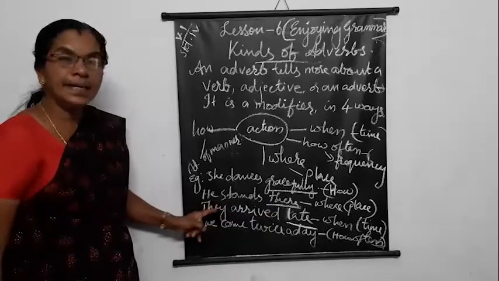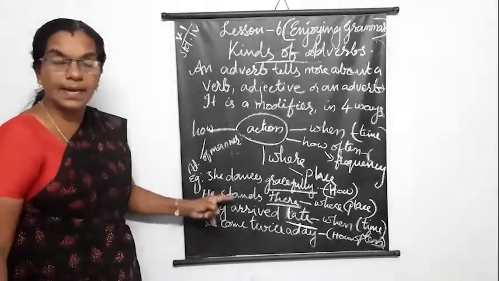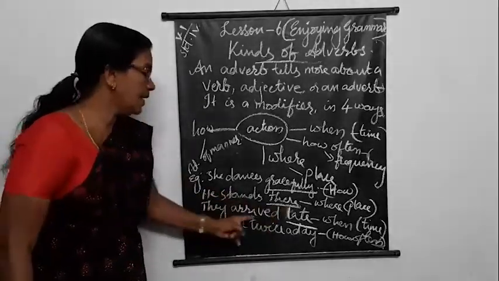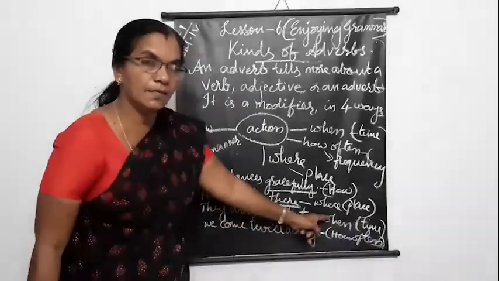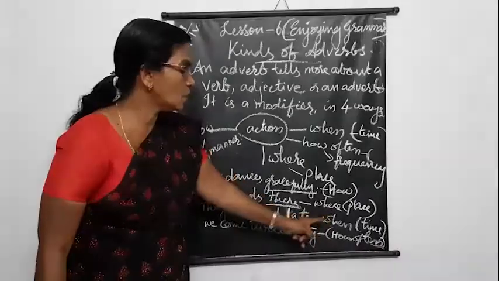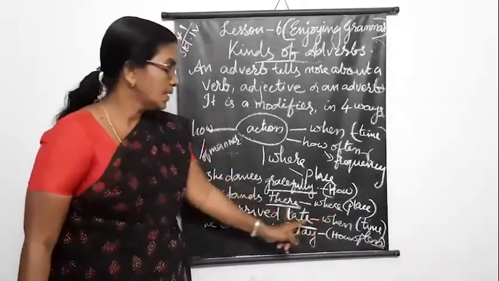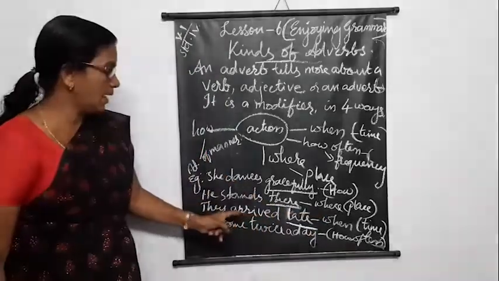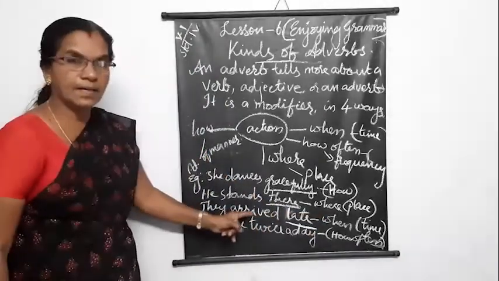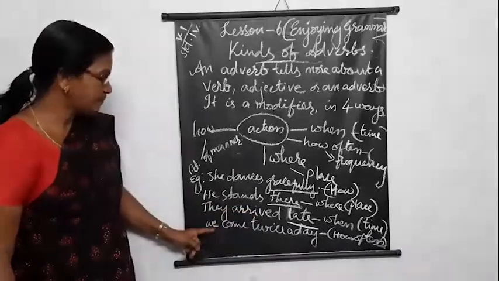When did they arrive? We will get the answer. They arrived late. So late is the adverb of time. The word late tells the time of the action. What is the action here? Arrived. It is a verb action.